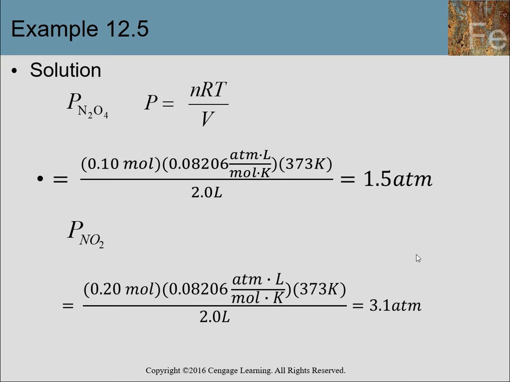There are my values. First things first, get the partial pressures. I see what I use. I use my 100 degrees Celsius, which is 375 K. It was a 2-liter container. I use a 0.08206 R value. Pretty straightforward. Then what I'm going to do is put these two values that I got for pressures into my equilibrium expression.